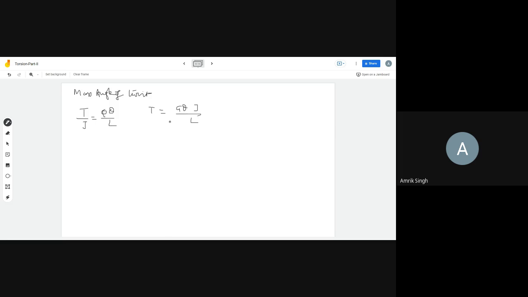So you can calculate the torque for the solid shaft and for the hollow shaft. If you put these values, you will get the torque. Okay. And if you compare the weight now, the weight of the solid upon weight of hollow shaft, it will come 0.145 from this criteria.